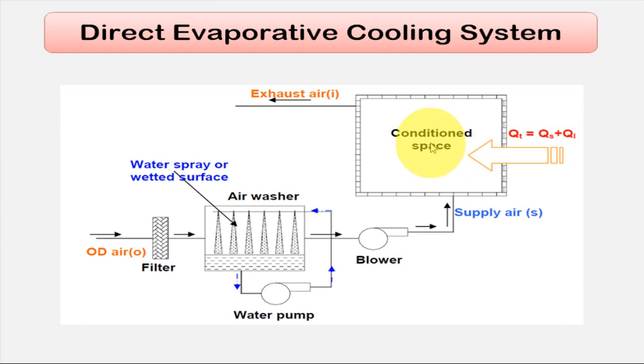This direct evaporative cooler is suitable for dry and hot regions. Direct evaporative coolers are best suited for dry and hot regions. In coastal areas where humidity is high, the direct evaporative cooler will not work up to our expectation, because humidity is high.